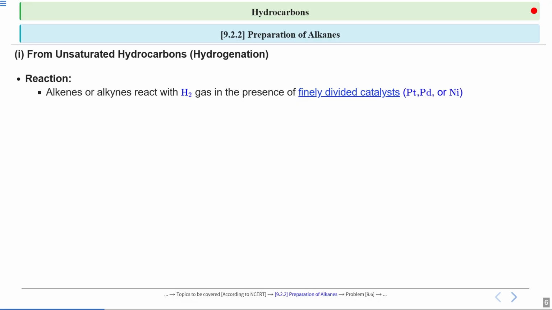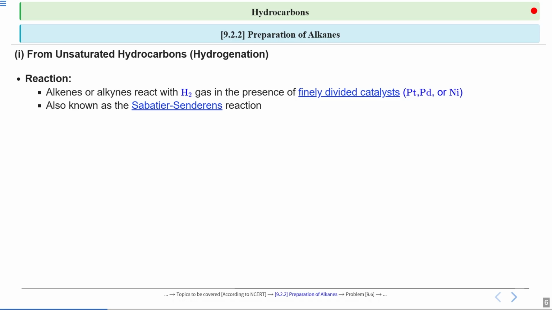In this reaction, alkenes or alkynes react with hydrogen gas, denoted as H2. So this reaction requires the presence of finely divided catalysts such as platinum (Pt), palladium (Pd), or nickel (Ni). So these catalysts are crucial as they facilitate the reaction by lowering the activation energy, making the process more efficient. This hydrogenation process is also known as the Sabatier-Senderens reaction, named after the chemists who developed it.